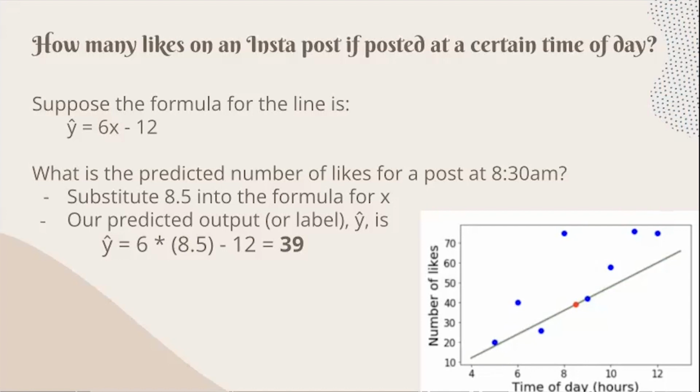So what is the predicted number of likes for a post at 8:30 a.m.? You're going to substitute 8.5 into the formula for x, because we want to see what the likes for the post is at 8:30. So you're plugging that into the equation, and you get 39. So we're predicting that at 8:30, there will be 39 likes.